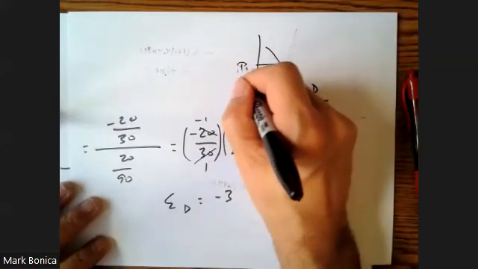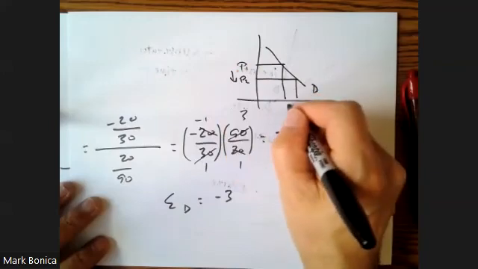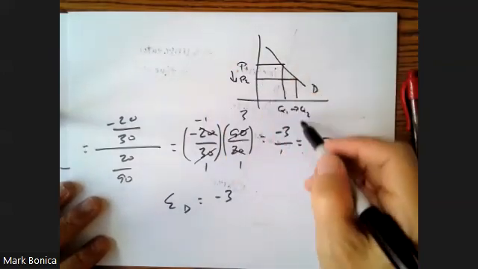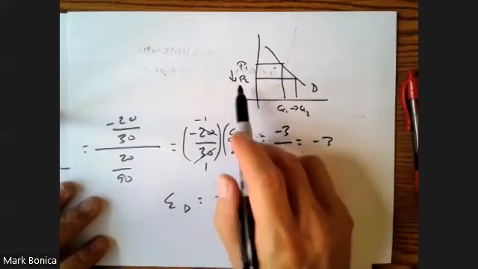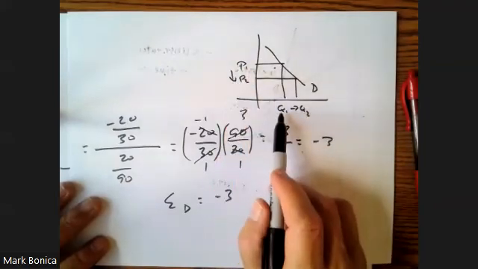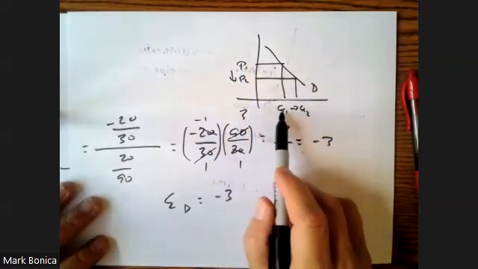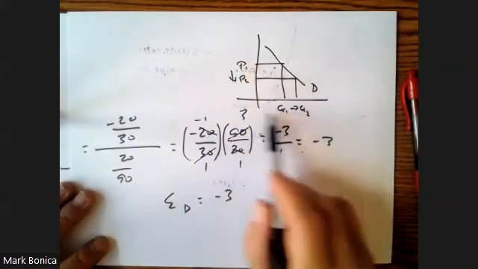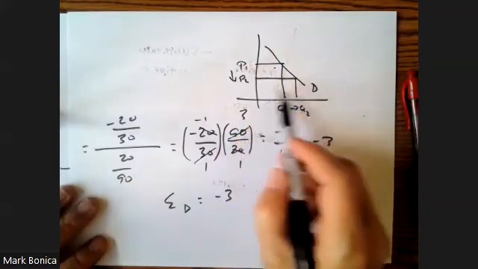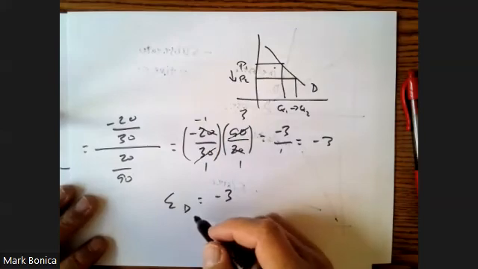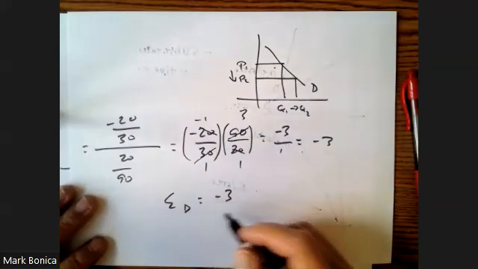So if I go from P1 to P2, I'm going to have Q1 to Q2. So price and quantity move in opposite directions. If I increase price, quantity goes down. So if I have a positive change in price, I have a negative change in quantity. If I have a negative change in price, I have a positive change in quantity. So the relationship is negative, right? So that's why demand elasticity is negative.